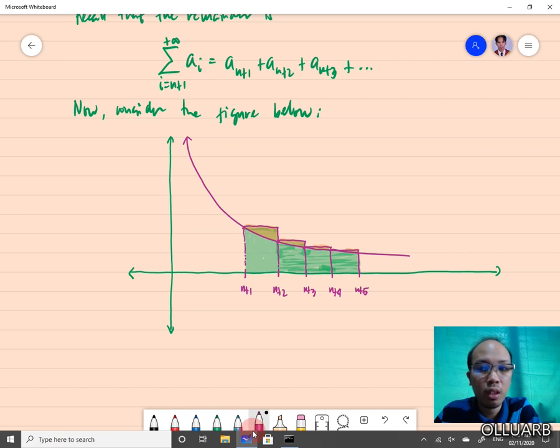So actually we overestimate the exact area. So this implies that for r sub n, you can have this inequality.